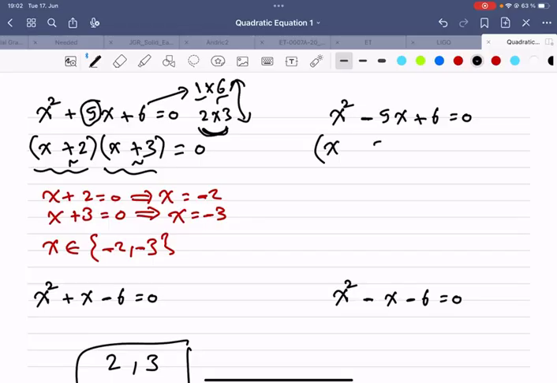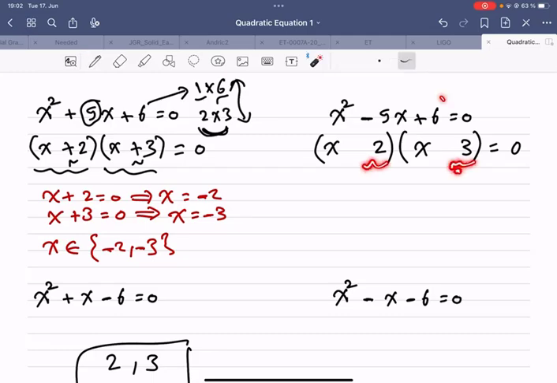x something 2, x something 3 equals 0. We need the two numbers. The multiplication of those two numbers gives 6. So the signs of both numbers are either positive or negative. Why? Because positive times positive gives positive, like plus 6, and negative times negative also gives positive, plus 6.